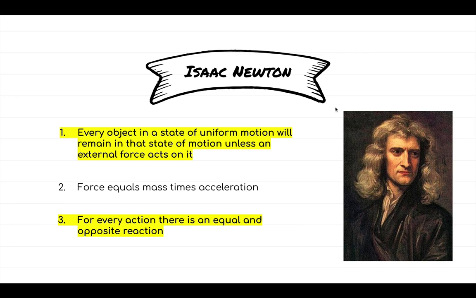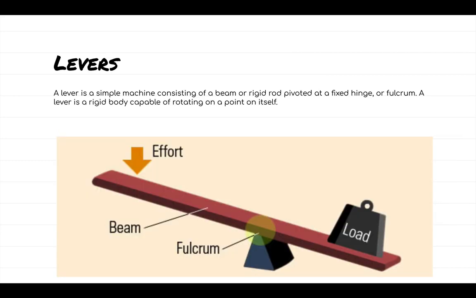Your body exerts a downward force onto the chair, and the chair actually exerts an upward force onto your body. So for every action, there is an equal and opposite reaction. So I'm sure some of you are starting to think about those videos and can probably see a couple of examples of that.